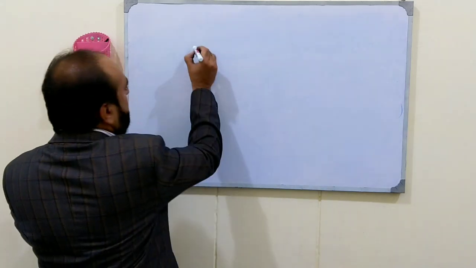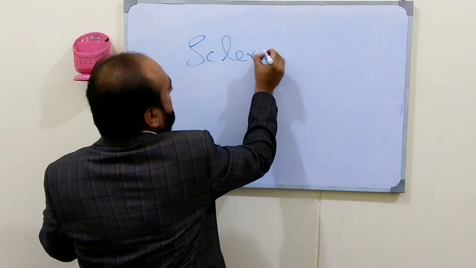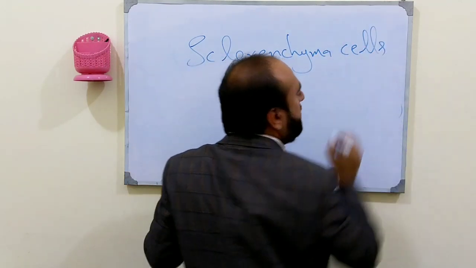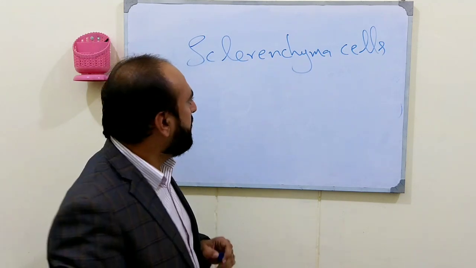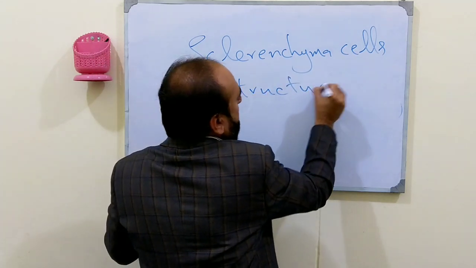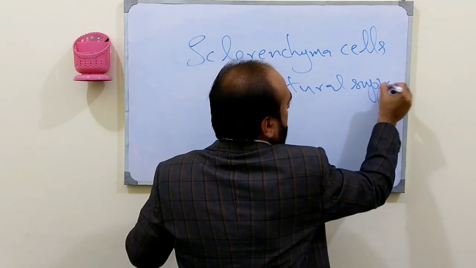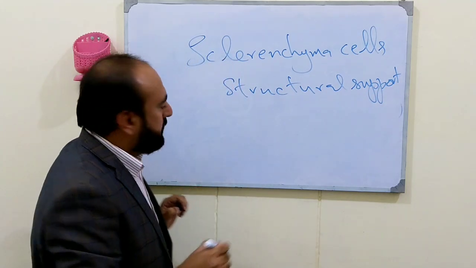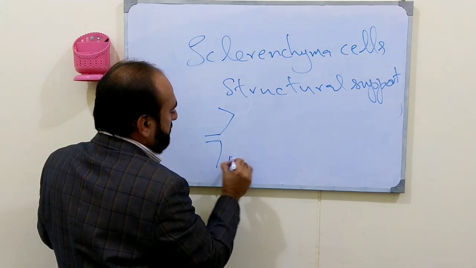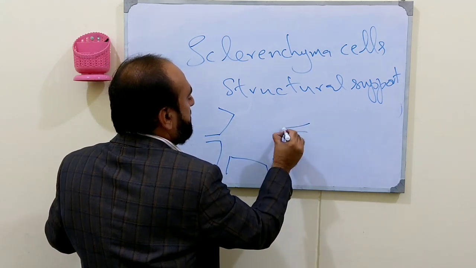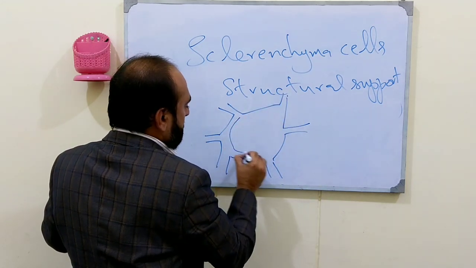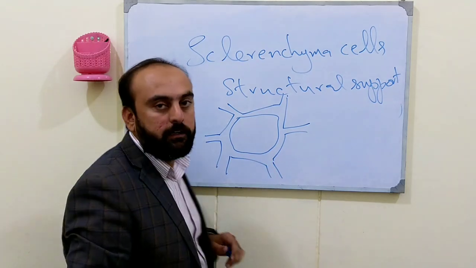The third type of cells, which is called sclerenchyma cells, are mostly dead at maturity, and their main purpose is structural support. These cells have thickened secondary cell walls which are highly lignified.